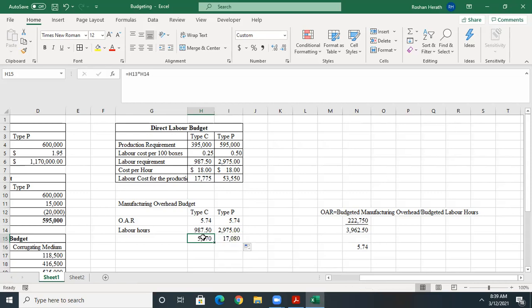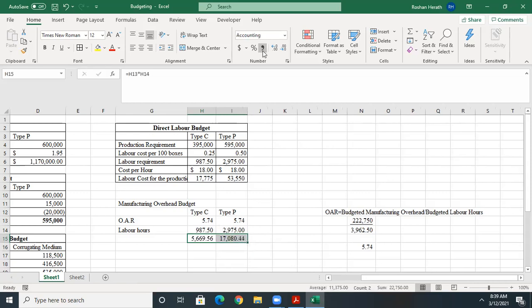So this is how this manufacturing overhead is getting divided among the two products.